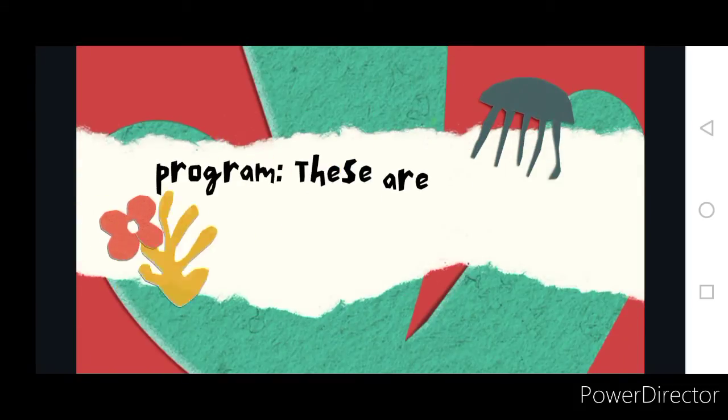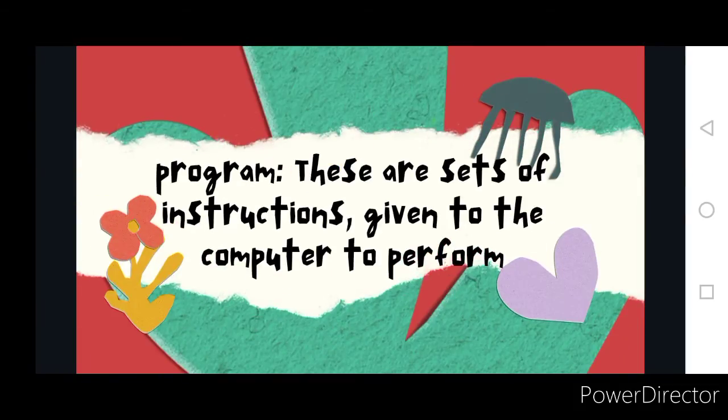Also, we need to ask ourselves, we have been talking about program. What really is a program? Before you start using Scratch, you need to know what a program is, because it is the program that helps you to make a Scratch move. It is a program that helps a Scratch perform. Programs are a set of instructions that are given to a computer to perform. Now, the computer is all-knowing, yes, but without you giving it an instruction, it will just be there looking at you.